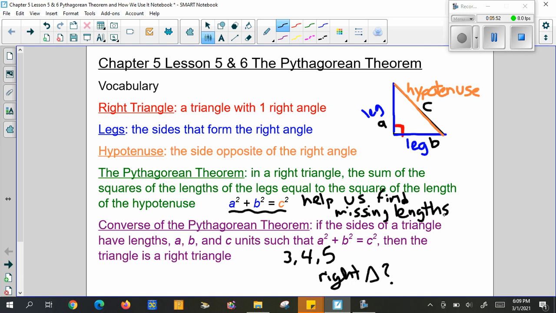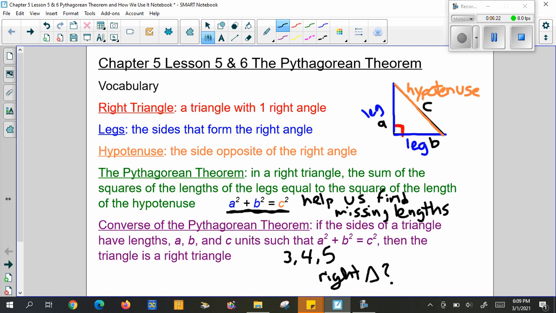So the Pythagorean theorem will help us find missing lengths, and its converse, or just looking at it backwards, if I have 3 measurements and I can put them in that equation and it is a true statement, then I have a right triangle.